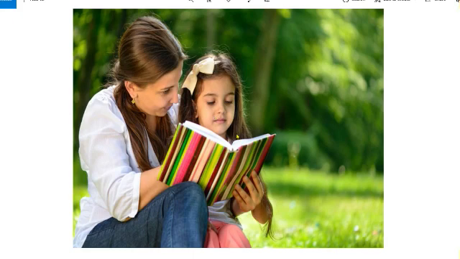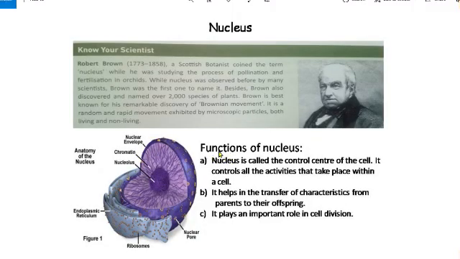Now we will see the functions of nucleus. Nucleus is called the control center of the cell. Like our brain controls our body, similarly nucleus also controls the cell. It controls all the activities that take place within a cell.